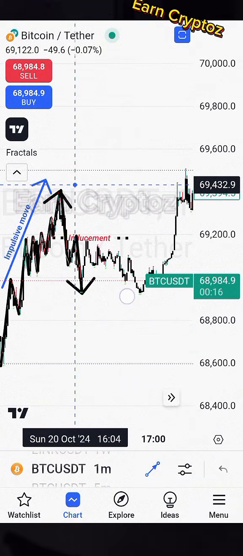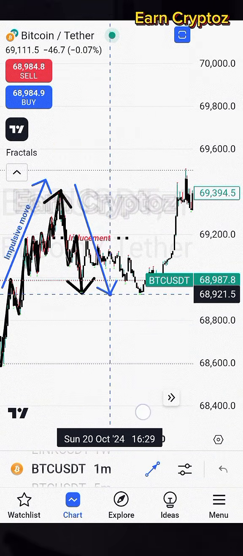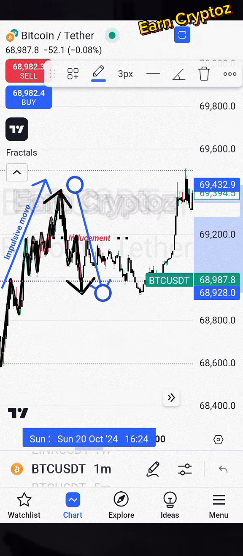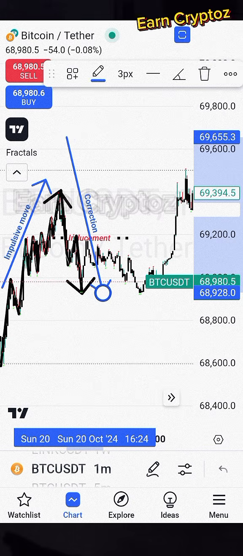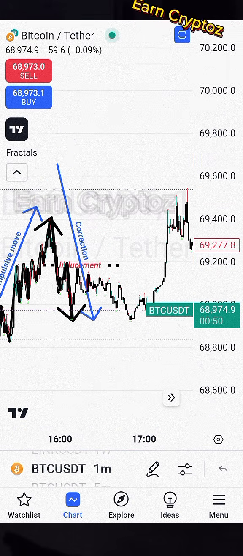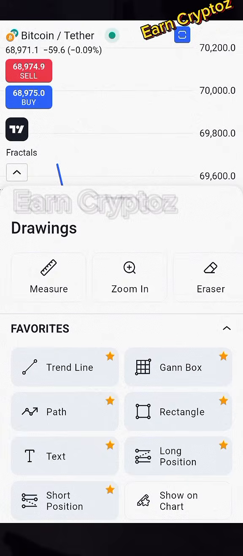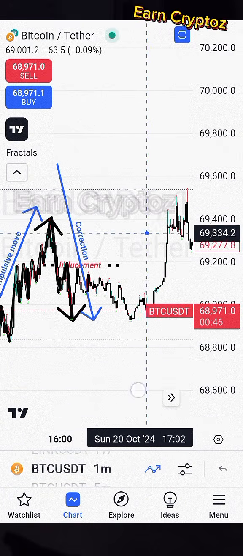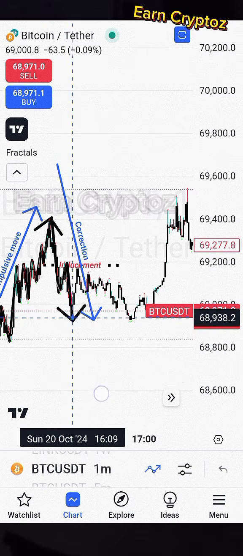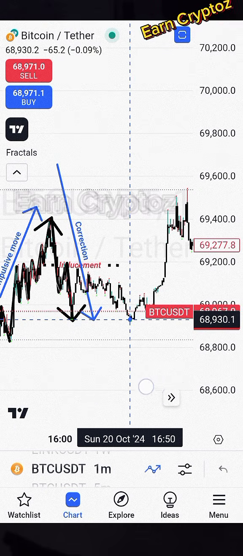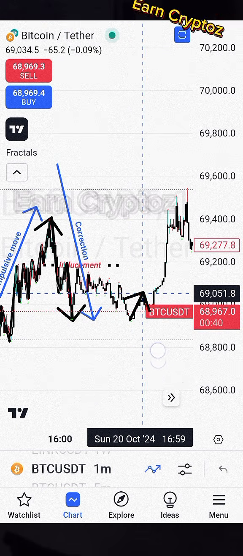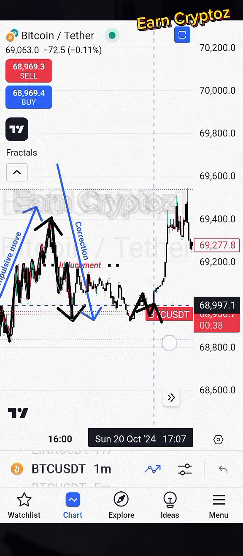When you experiment with the market, you will see that this is what the market is constantly doing. The impulsive move, you identify the inducement, then you see the correction happening. That is the correction right there. And after the correction, we now see a continuation move starting from the bottom of the correction move.